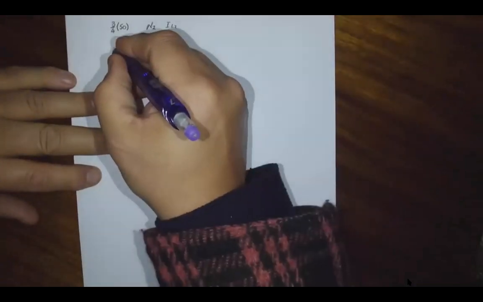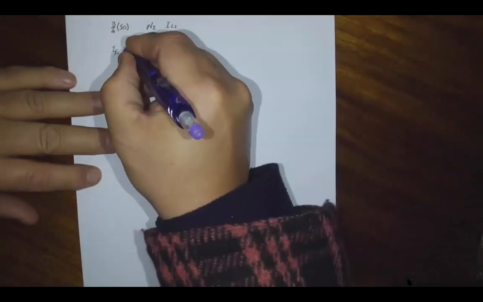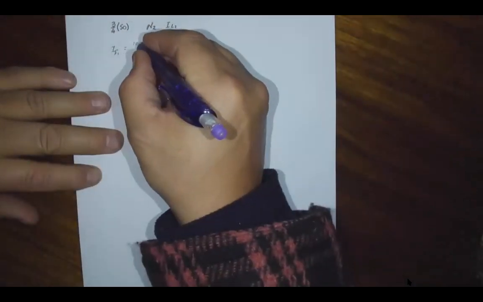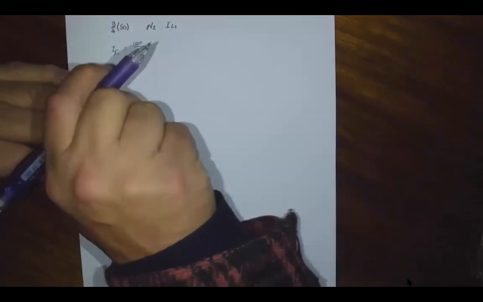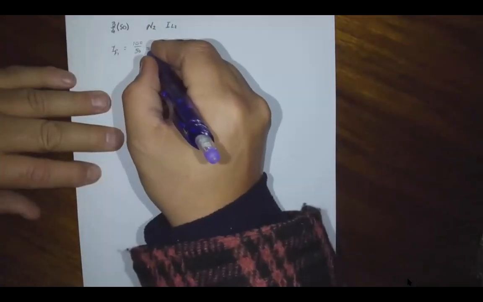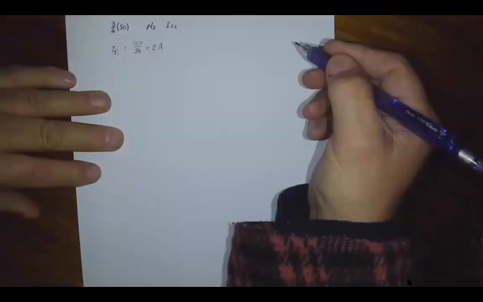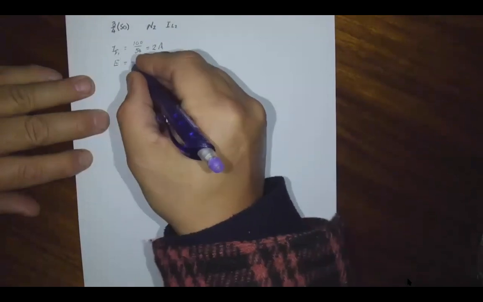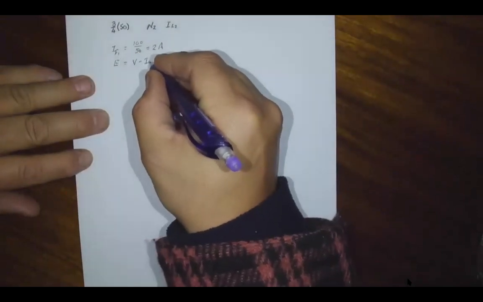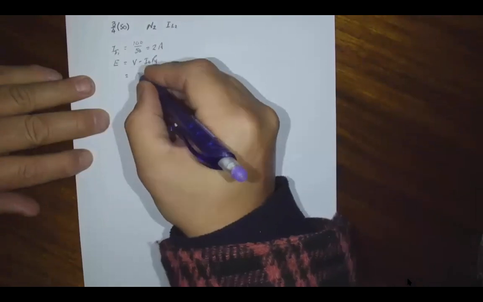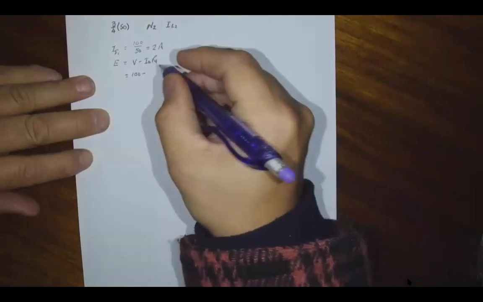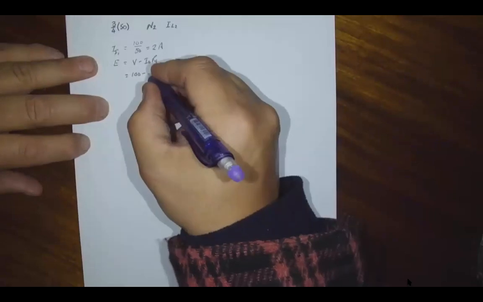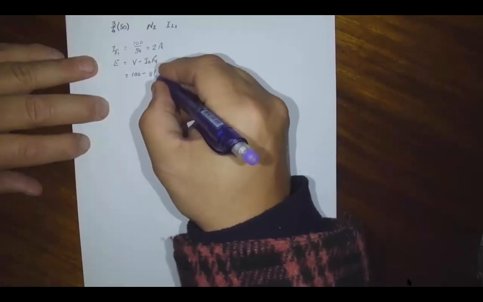All right, so first of all, I field 1 is 100 divided by 50. That is 2 amps. And E1 is V minus IA RA. So that is 100 minus 8 times 0.5.